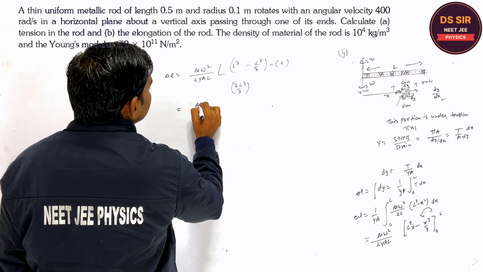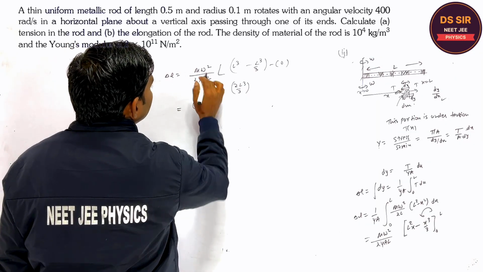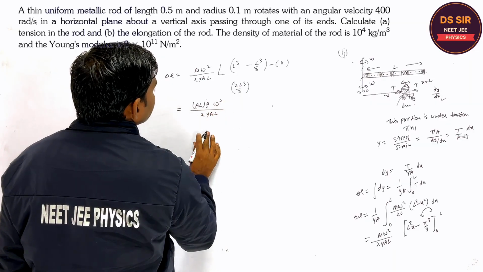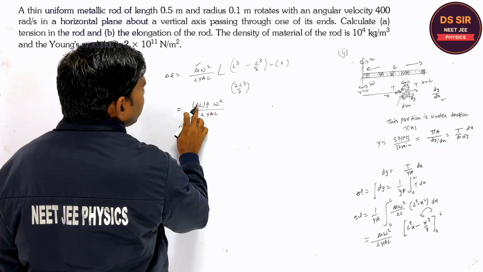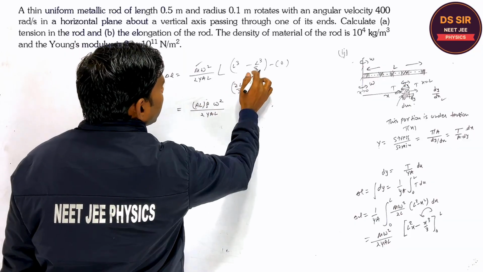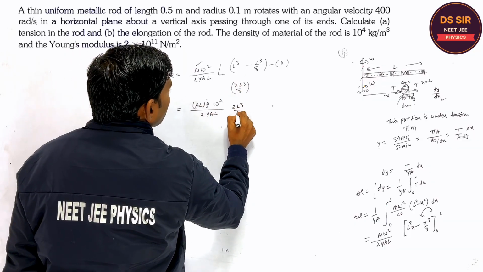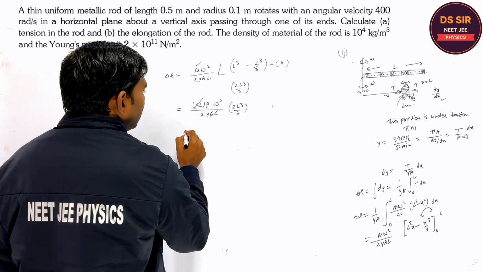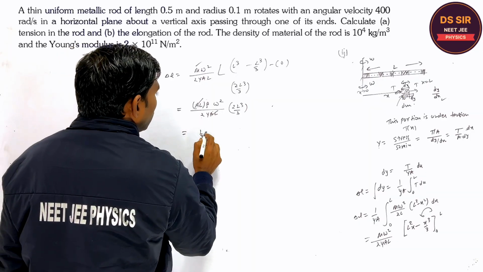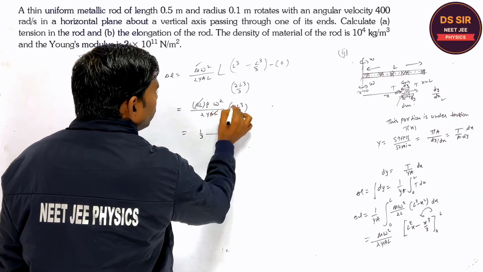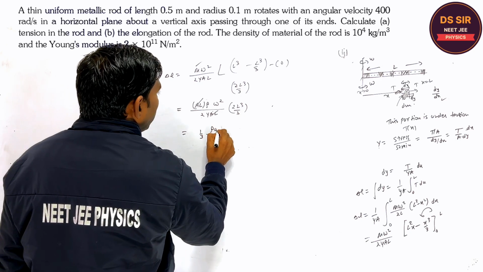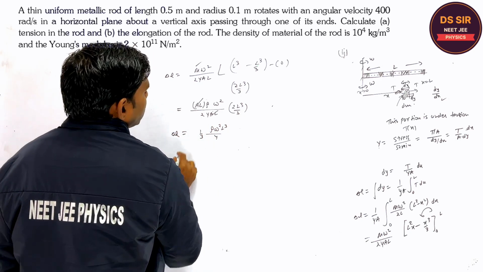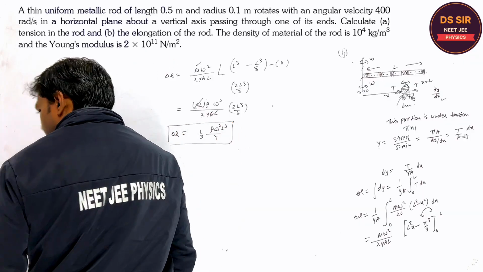So mass of the rod is volume into density, into omega square upon 2YAL. The mass I have replaced with AL into rho, and this side 2L cube upon 3. So AL will cancel out, 2 will also cancel out. So this is 1 upon 3, rho omega square L cube upon Y. So this is the elongation in the rod.